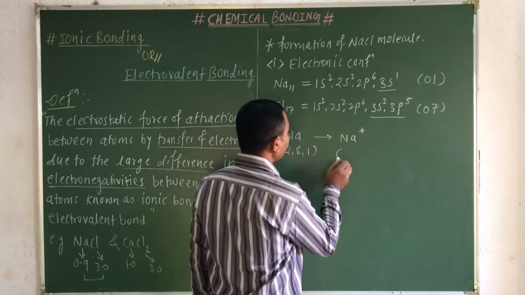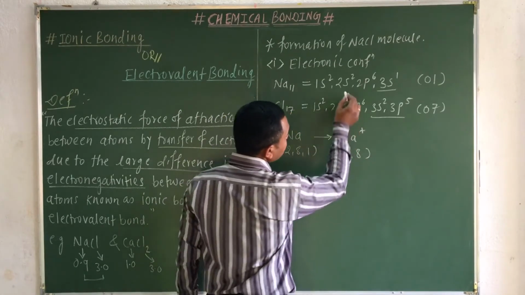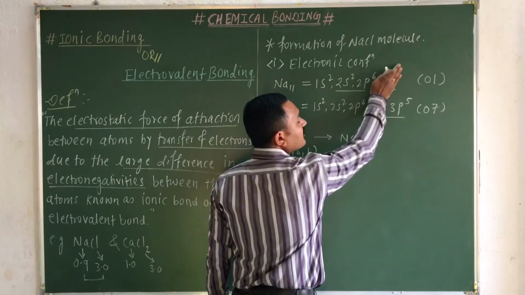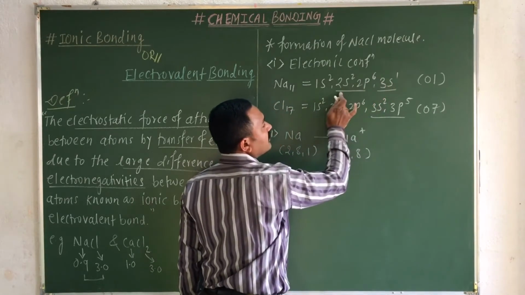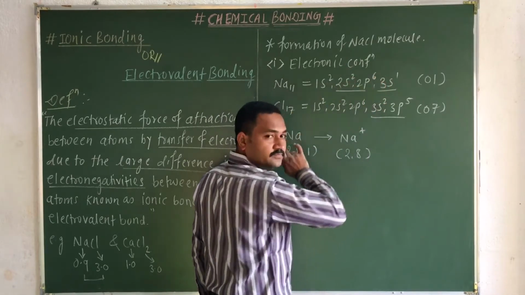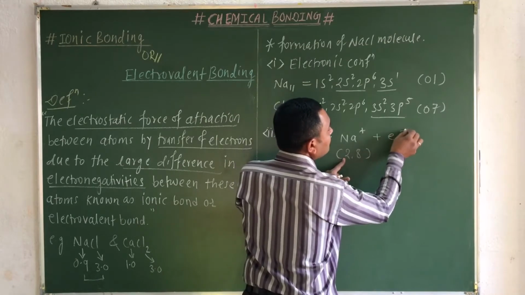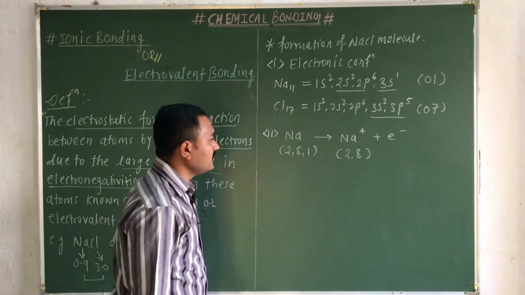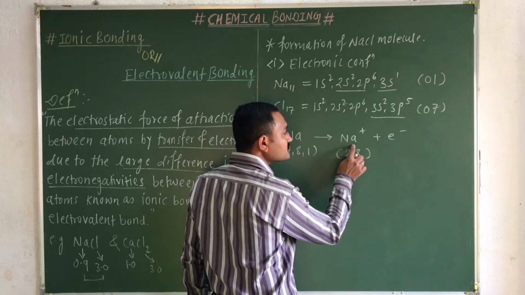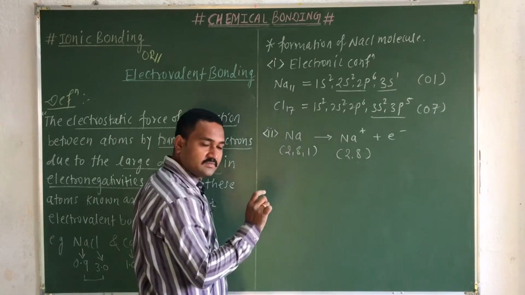Now its electronic configuration will become 2, 8, and if I remove this electron, obviously its valence shell will have 8 electrons. So here your sodium ion completes its octet, so it will become stable.